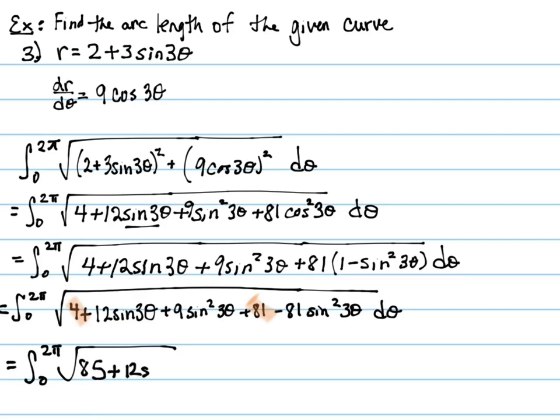Plus 12 sine of 3 theta. And then we have sine squareds. How many sine squareds do we have? Ooh, 72. Negative 72. Yes. Okay.